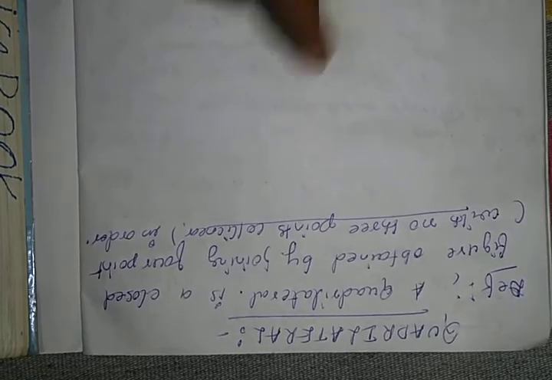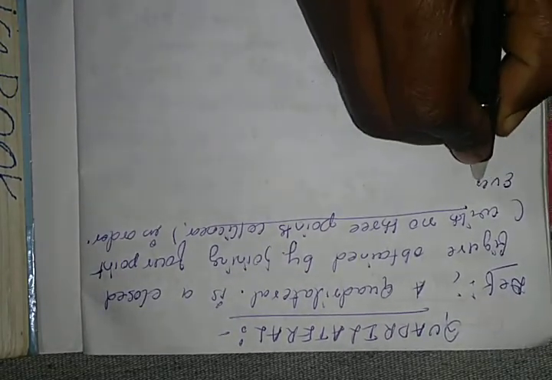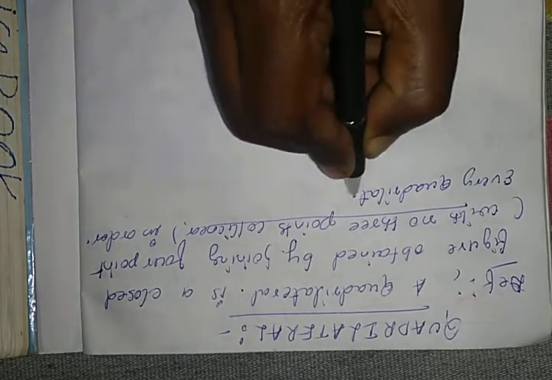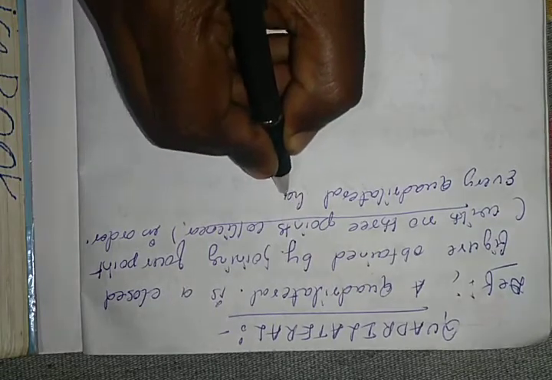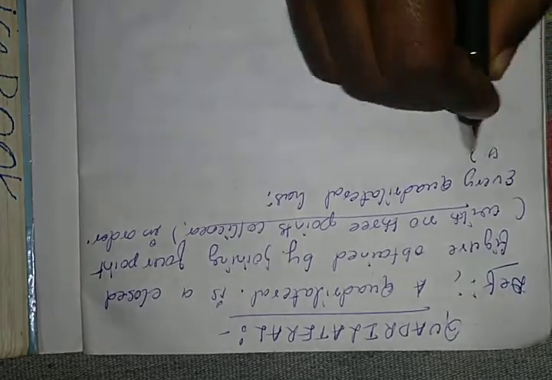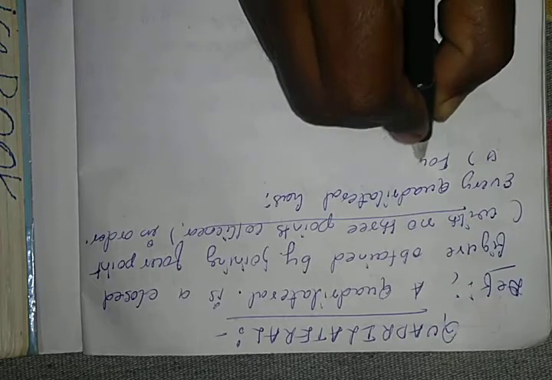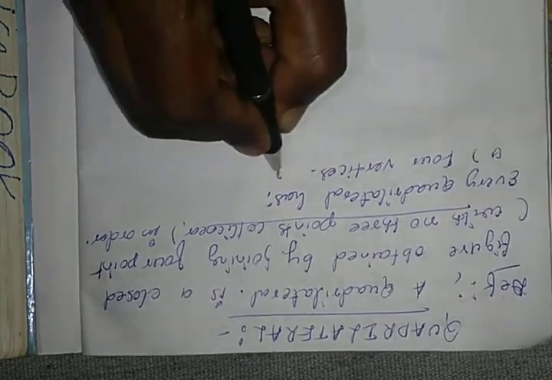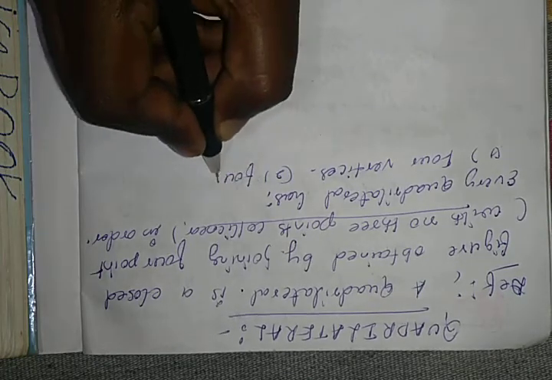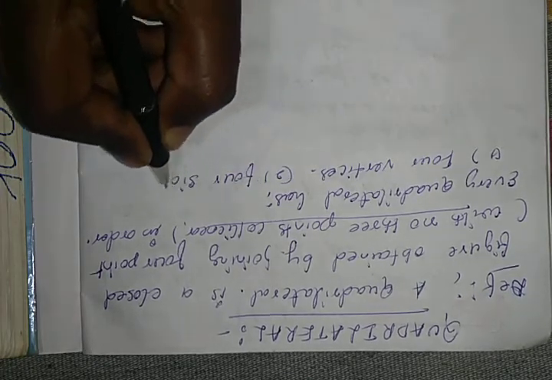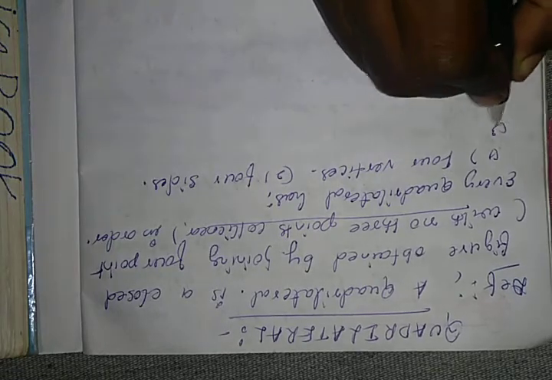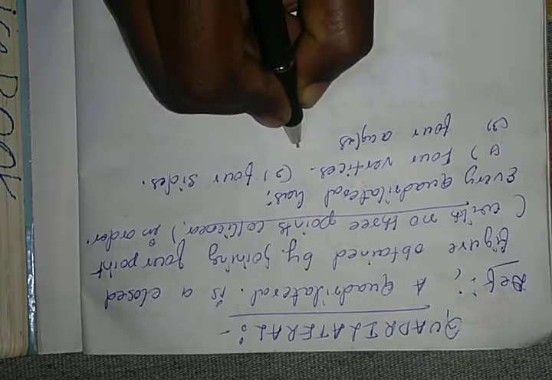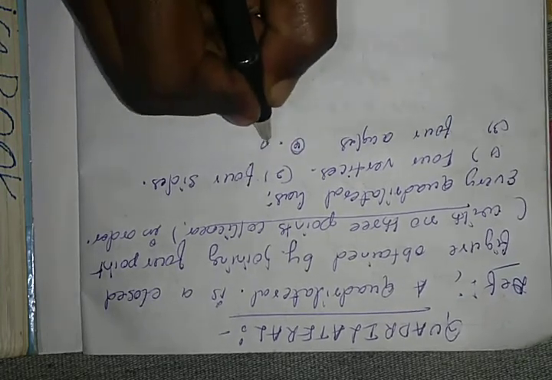Let's see, every quadrilateral has first 4 vertices, and then 4 sides, then 4 angles and then 2 diagonals.